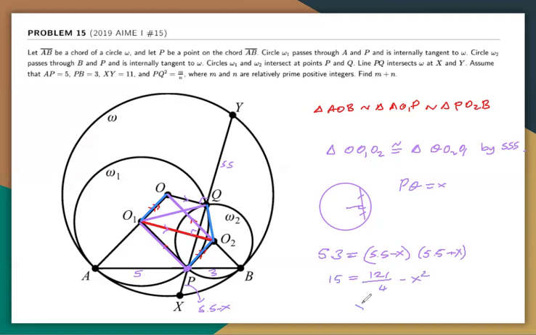If you simplify this, you get 121 over 4 minus 15, which is 60 less than this, which is 61 over 4. So I believe that should be our sum of those M and N, which is 65.